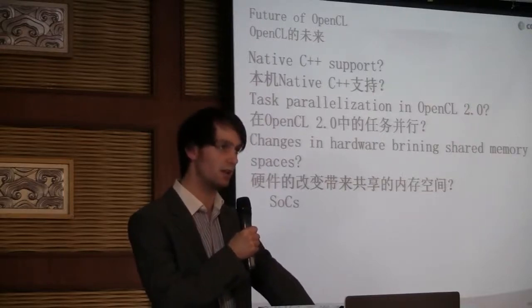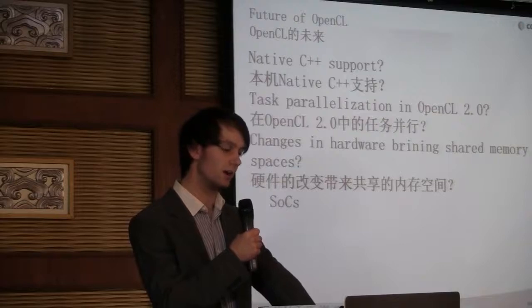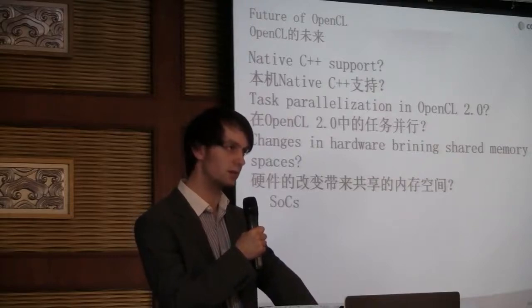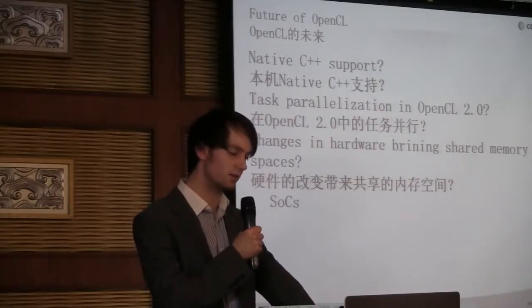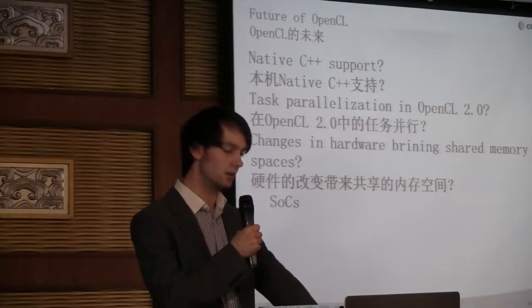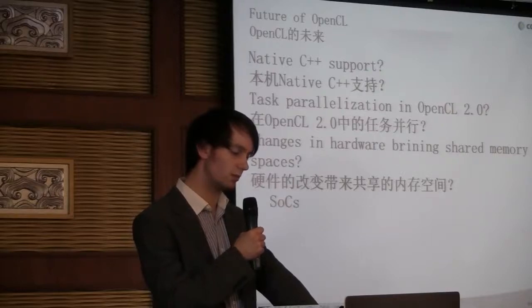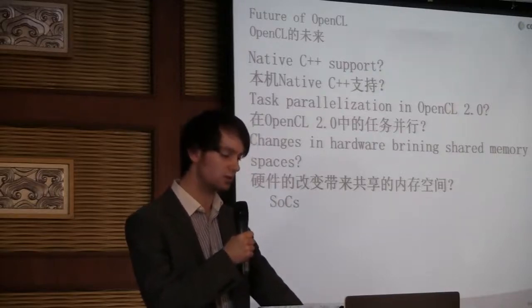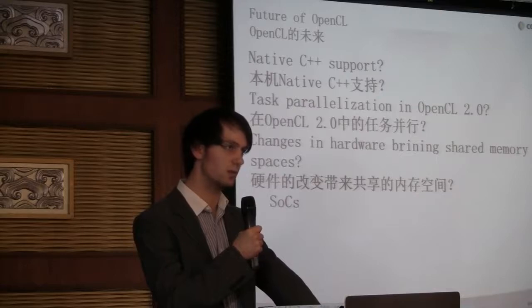This might eliminate the problems that you have with local, private and global being completely separate. As I mentioned, that is a very difficult thing for most OpenCL programmers or people who try OpenCL, because it is a very new standard and there could be quite a lot of changes to it in the future and probably will be.